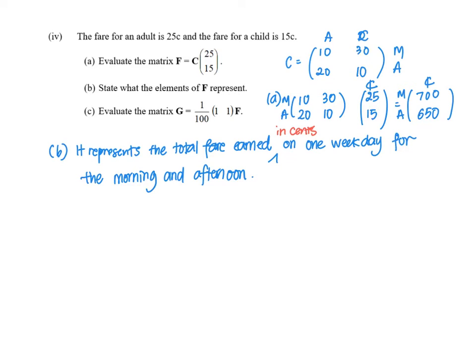So now let's do a quick check. I will have the column which is talking about money earned in cents in particular, and I'm talking about the 2 rows, morning and afternoon, and I interpret that is for 1 weekday. And I'll need to have the word respectively.